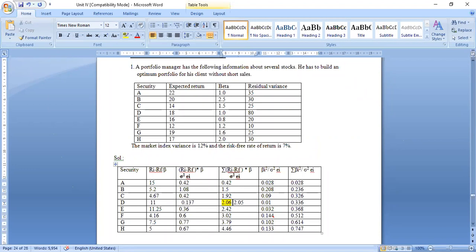Okay, so I'll just delete this. Then here it is giving 2.057. You can just take this, or you can make this 2.06, not a problem.